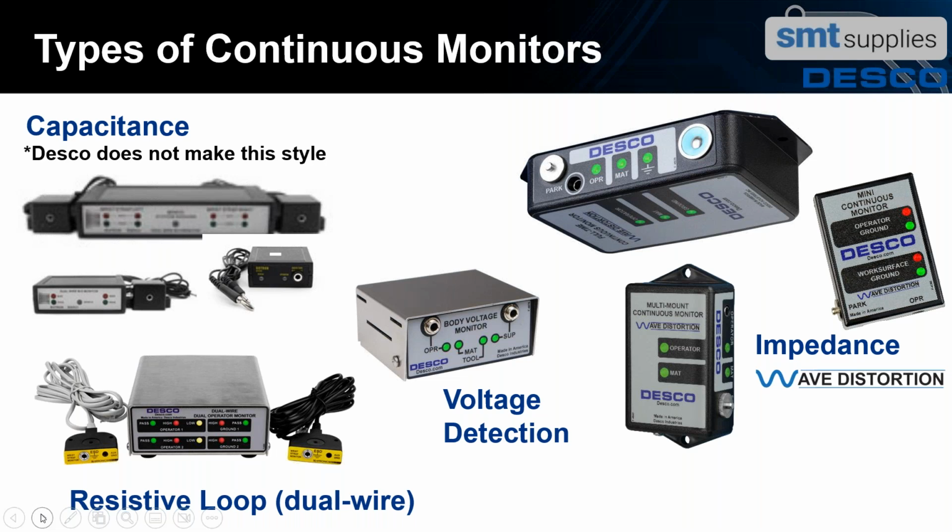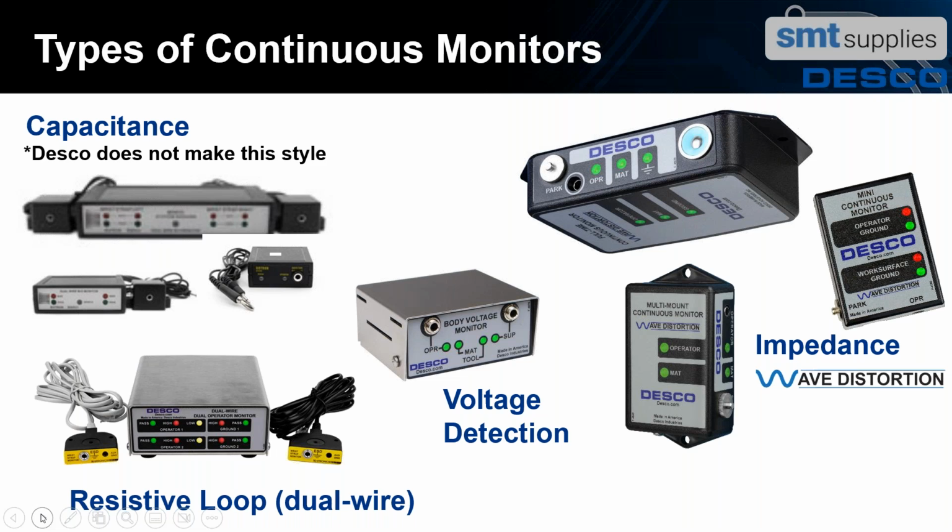With resistive loop, basically what you have is a wrist strap, a cord that has two wires in it, and a special wristband that has two individual plates, and you send a test signal up one wire, the skin bridges the gap on the back of the wrist strap and sends that test signal down the other wire. Basically that is a fancy continuity tester.